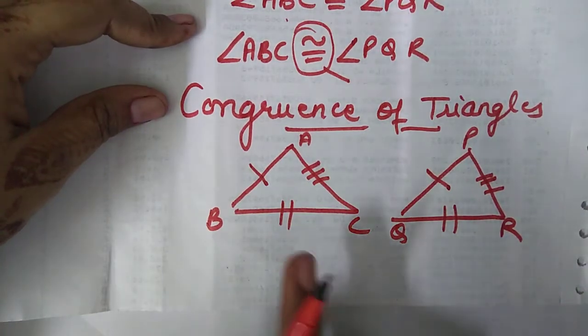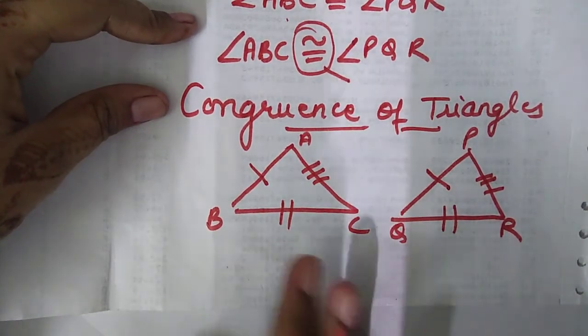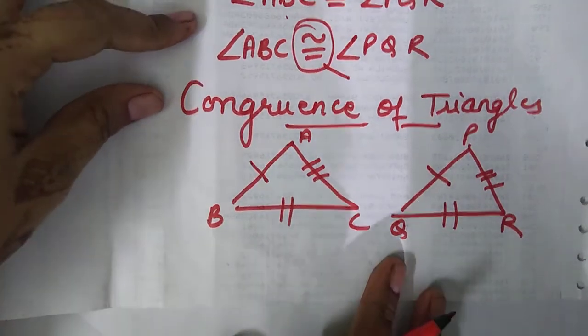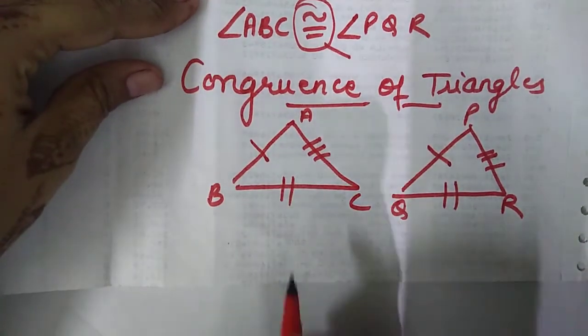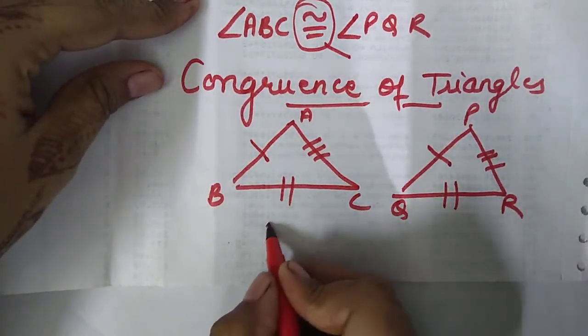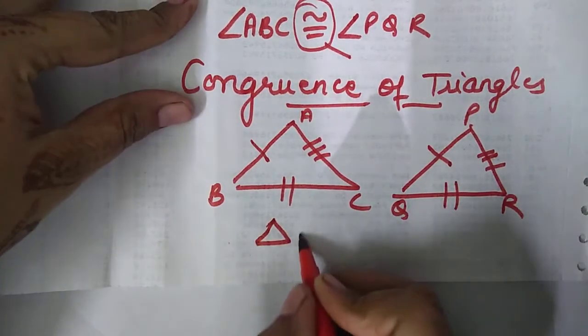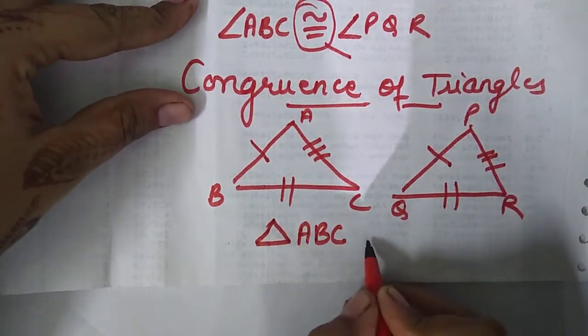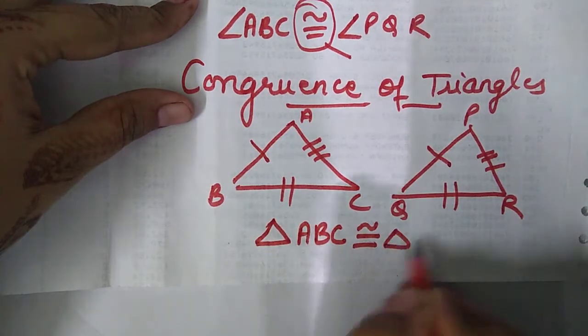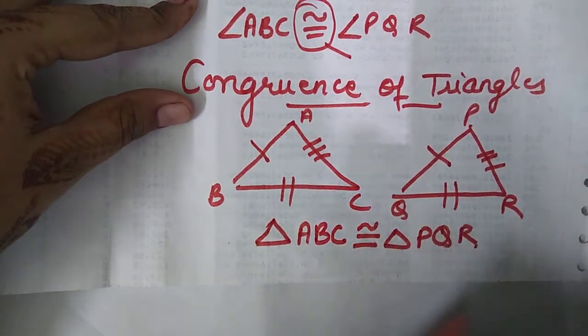Thus these triangles have the same shape and same size, so they are congruent, and we express this relation of congruence as triangle ABC is congruent to triangle PQR.